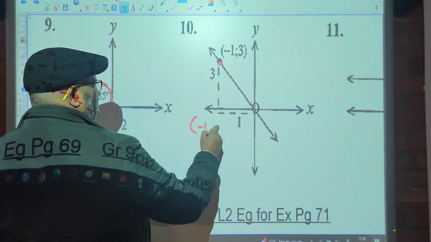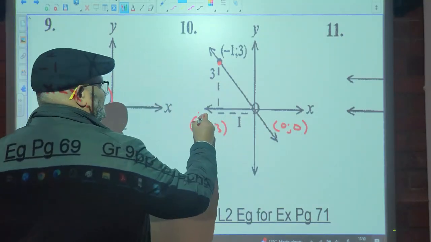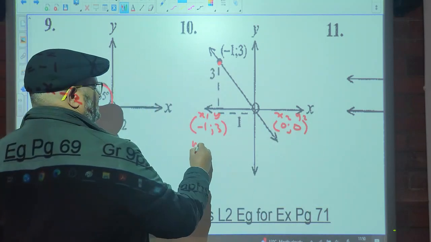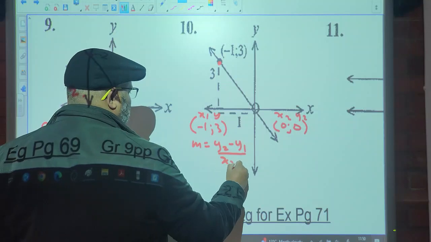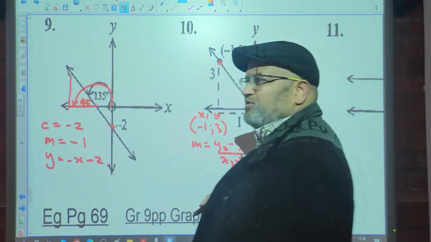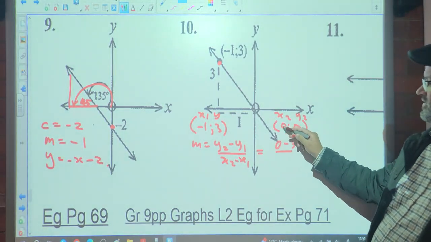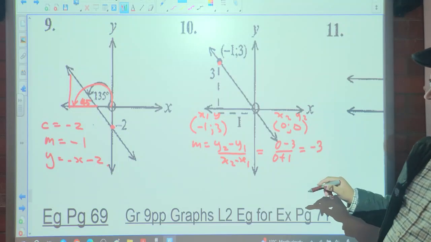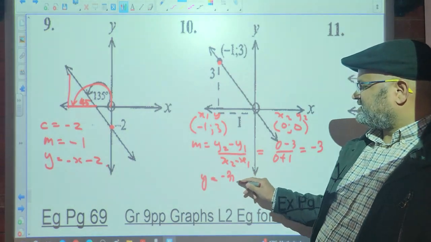So the 1 point is negative 1 and 3, and the origin is 0 and 0, of course. There's x1, y1, x2, y2. So the gradient is y2 minus y1 over x2 minus x1. We tend to write the formula down all the time. So it's going to be 0 minus 3 over 0 minus minus 1, which is minus 3. And then y is equal to minus 3x plus c.